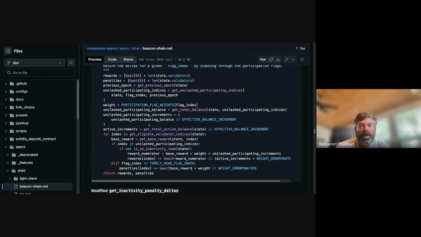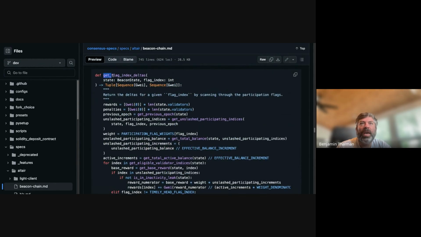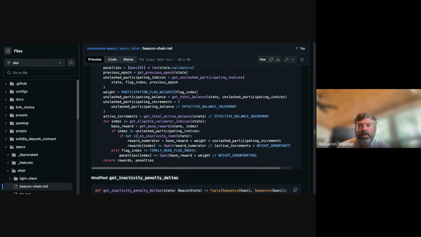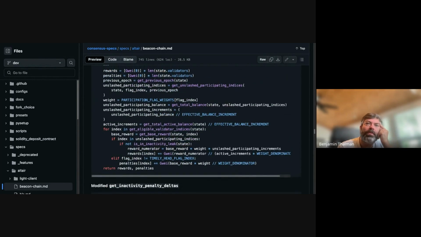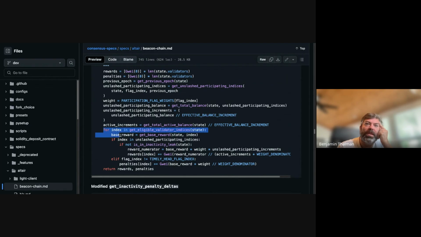So I'm not going to spend a lot of time here, but if you're interested and you want to dig a little bit deeper, this function, get flag index deltas, is where you want to begin your review or analysis. And it comes down to these nested functions here. You start with a for loop, so you're basically cycling through all the validators.